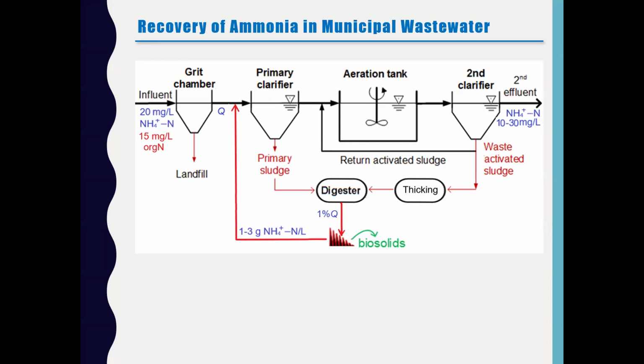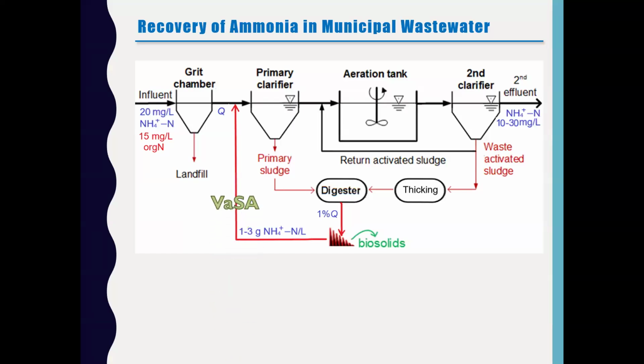It's well accepted that it's much more cost-effective to recover ammonia from the digestate than to remove it in the mainstream, mainly because the flow rate is just 1% of the mainstream flow rate, but with higher ammonia concentration. That's favorable for ammonia recovery.